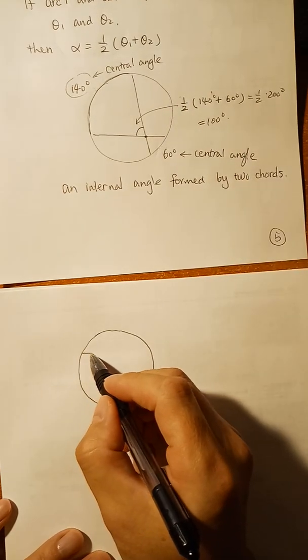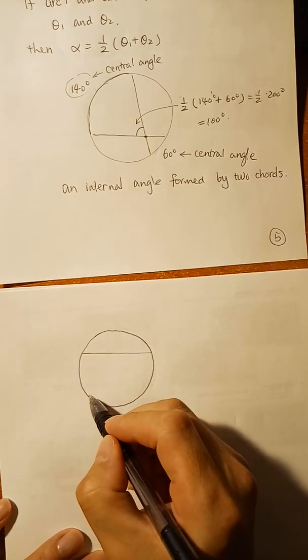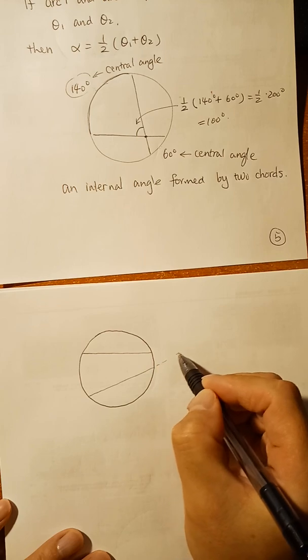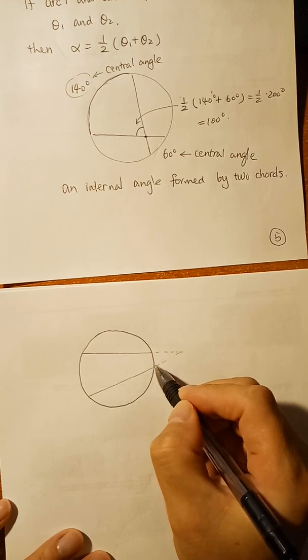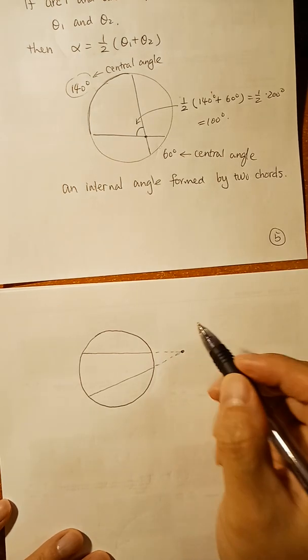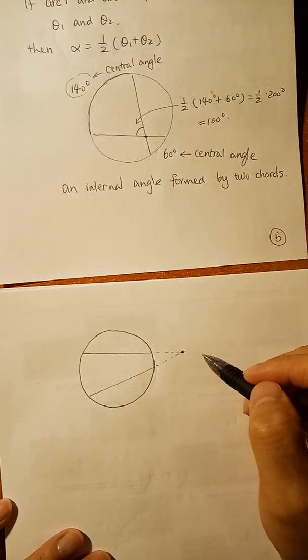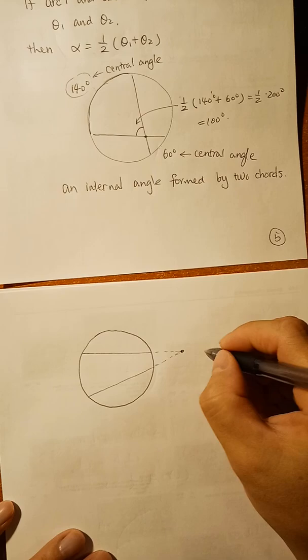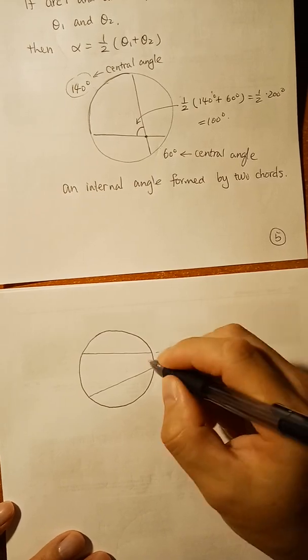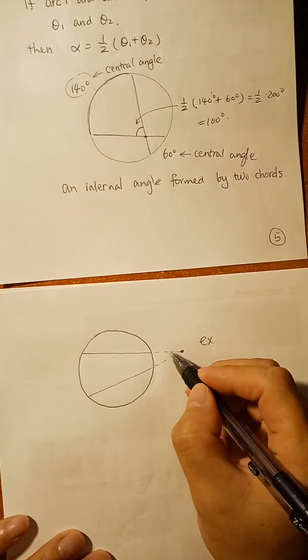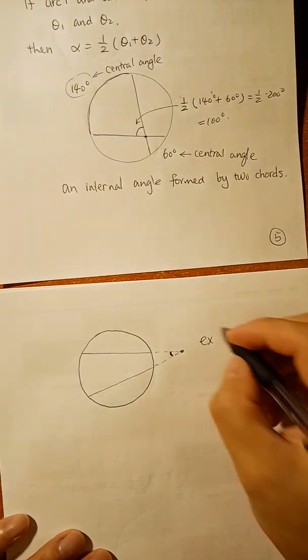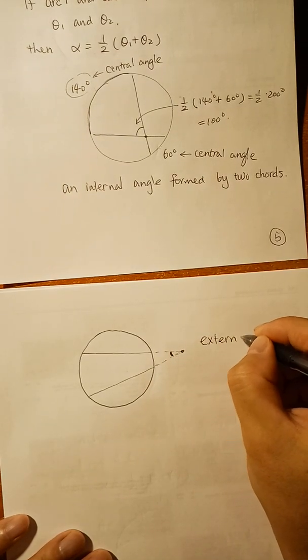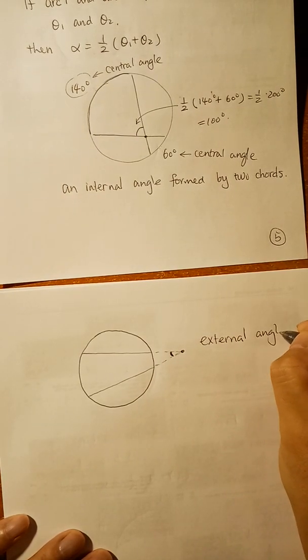If those 2 chords intersect outside of the circle, okay, inside is internal, outside is external, on the circle is inscribed. So this angle is called the external angle.